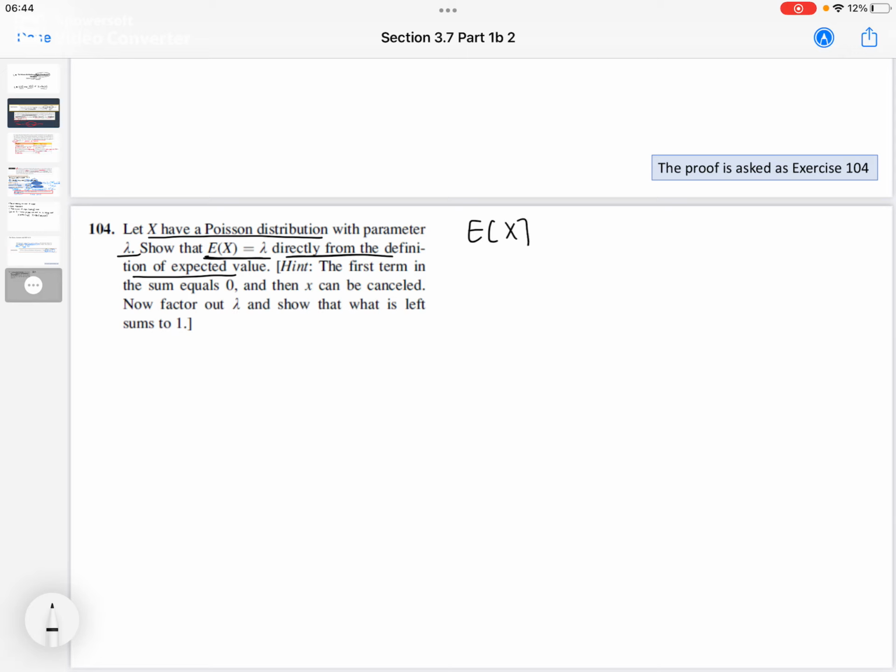So firstly, if we write the definition, the expected value of x is equal to the sum over all possible values of x times the PMF, right? So let us start here then. The expected value of x is equal to the sum of x times the PMF, where x now goes from 0 to infinity.